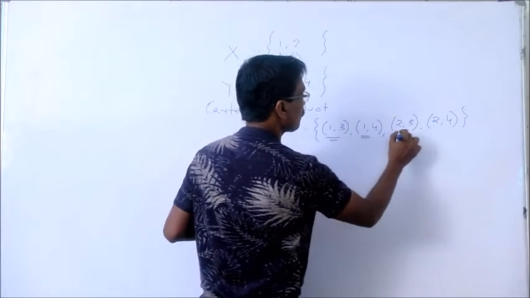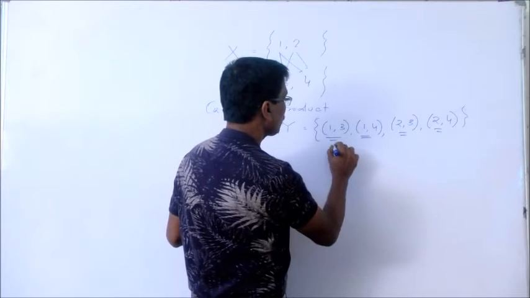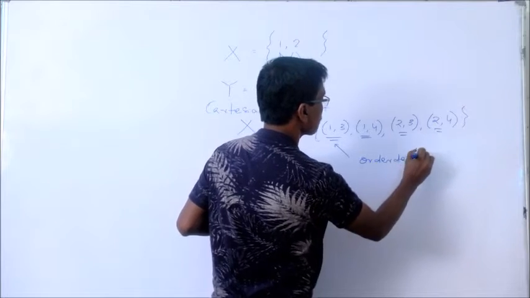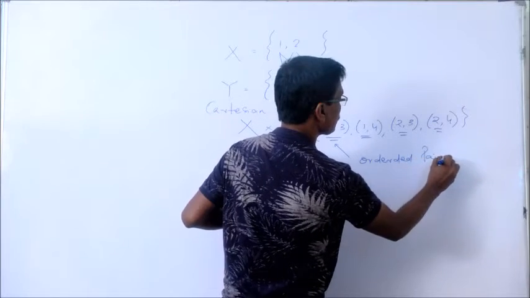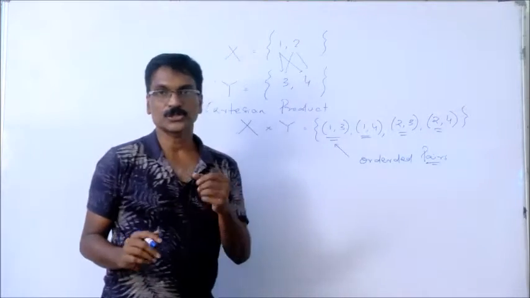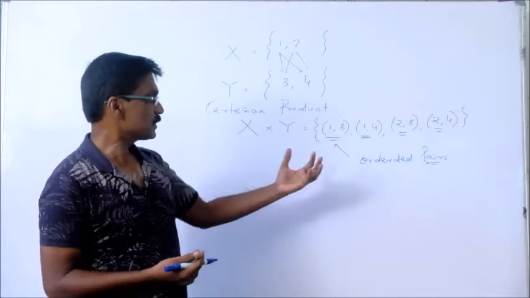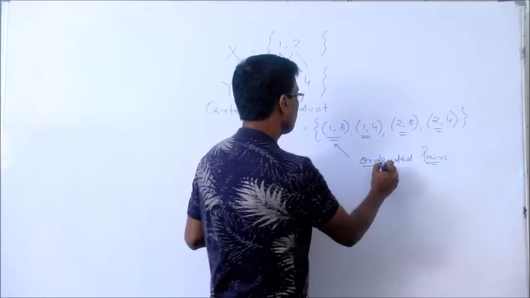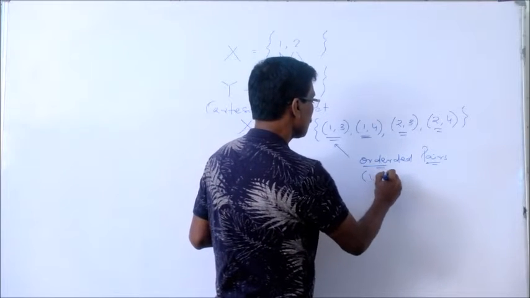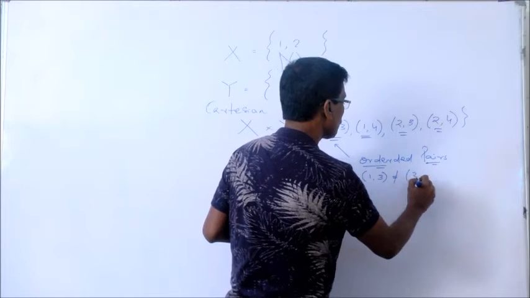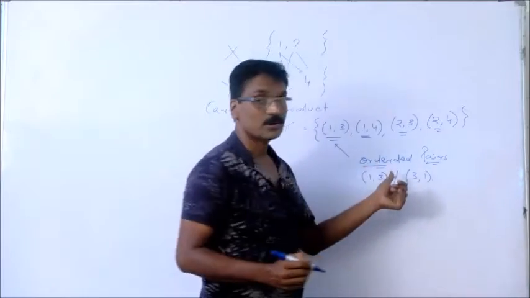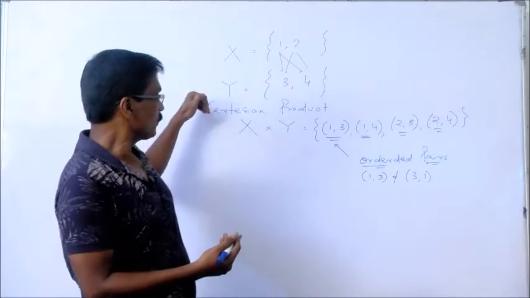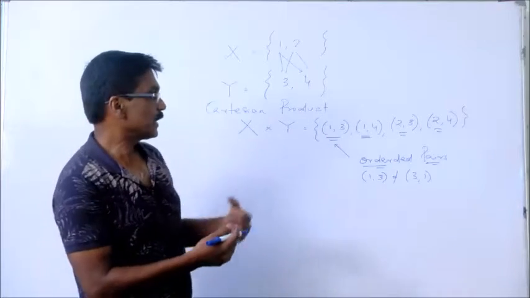These are called ordered pairs. Pair means 2, and ordered means we cannot interchange them, because (1,3) is not equal to (3,1). That is why it is called ordered. So, first of all we define a Cartesian product x cross y.